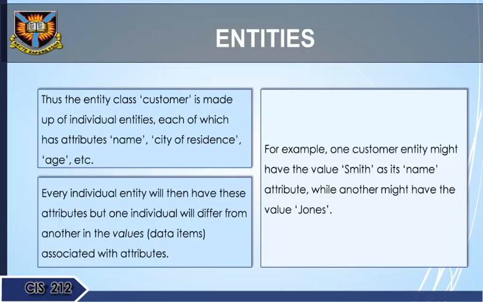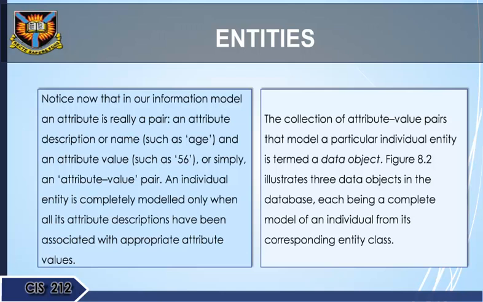Notice now that in our information model, an attribute is really a pair: an attribute description or name, such as age, and an attribute value, such as 56, or simply an attribute value pair. An individual entity is completely modeled only when all its attribute descriptions have been associated with appropriate attribute values.